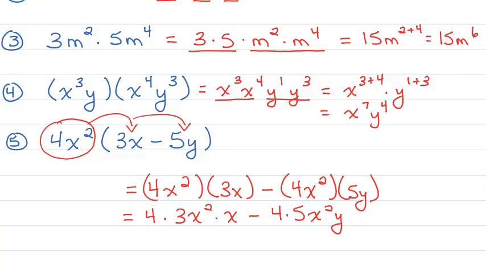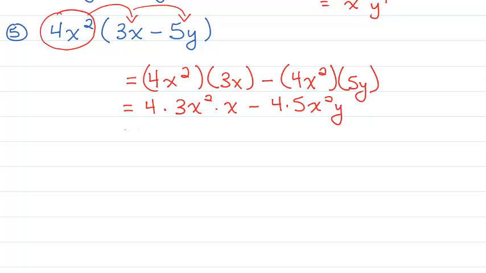So in this first term, the 4 times 3 becomes 12, and then I have like bases, so I can use the addition rule. Remember, that's 1. So x to the second times x to the first becomes x to the third, or 2 plus 1. In the second term, I can do the 4 times 5, that's 20.